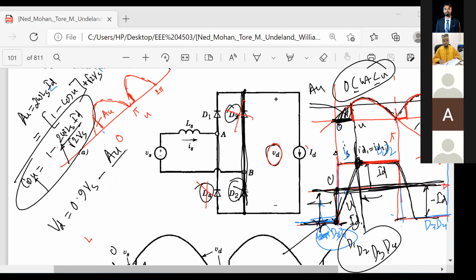Single pi, because it is repeating, right? This is your pi, this is your pi plus u. So now it is 0.9 Vs minus 2 omega Ls Id divided by pi. Is it clear to you, everyone?